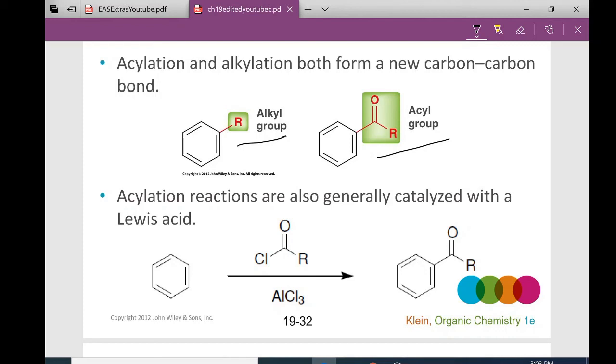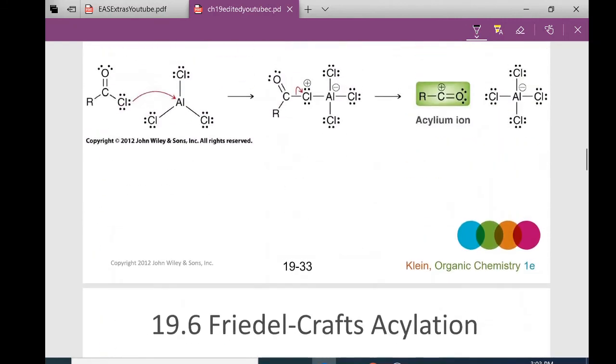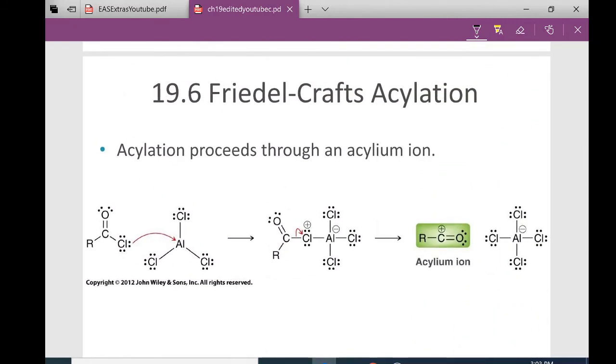But if you have something that's going to rearrange, generally the better way to do that is to put that acyl group on the ring, and then we can just reduce the acyl group in a similar way that we did the nitro group earlier in order to get our alkyl group in the end. So the acylium ion forms basically in the same way as our carbocation did, as our Br plus did, as our Cl plus did.